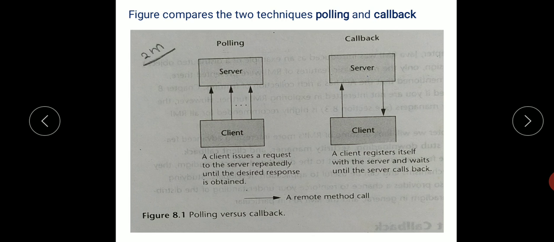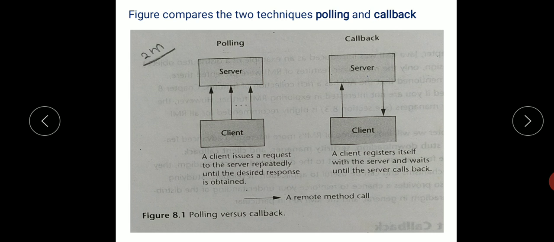The client is looking for some event, whether it has occurred at the server side, and for that it repeatedly issues calls to the server. So this is polling.